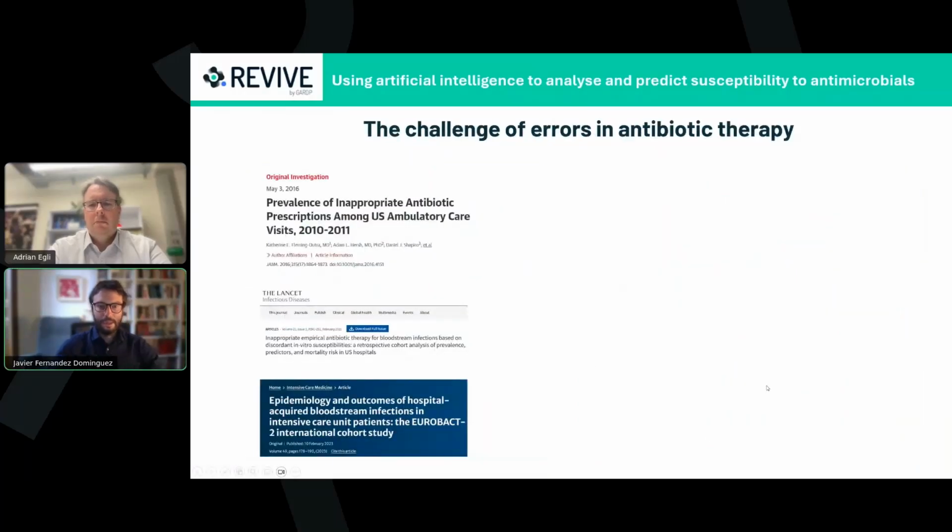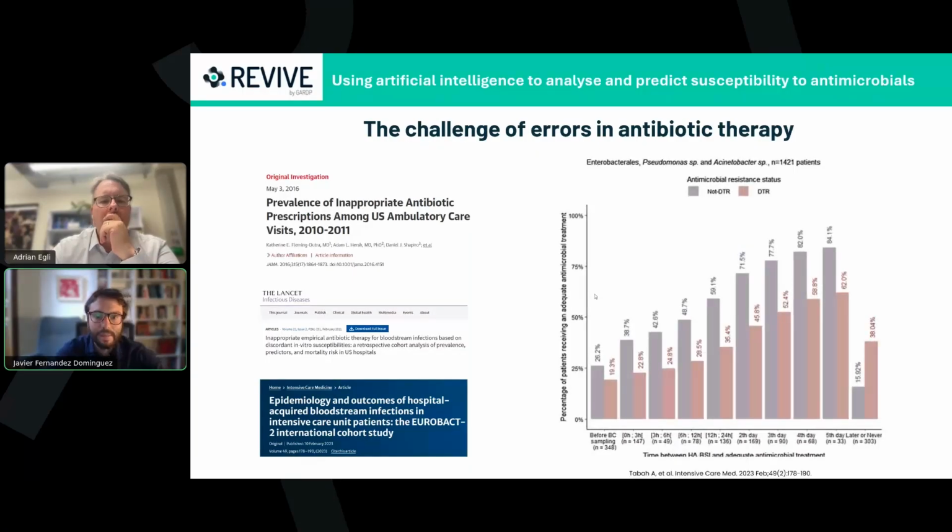Now it's okay. So we can see this in different settings. First, in ambulatory care, in primary care, these mistakes are very frequent. Also in hospital, in patients admitted to hospitals, but even in patients admitted to intensive care units, these mistakes are very frequent. This is strange, no? Because the patients admitted in intensive care medicine are the patients under the most surveillance. But in this study published 2 years ago, the Europac study published in Intensive Care Medicine, they measured what happened with the antibiotic therapy as time passed when a bloodstream infection was suspected.